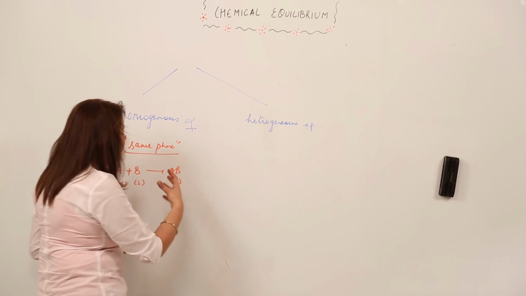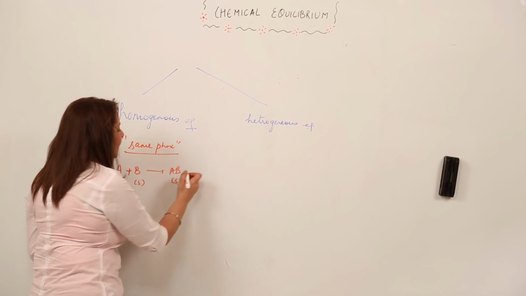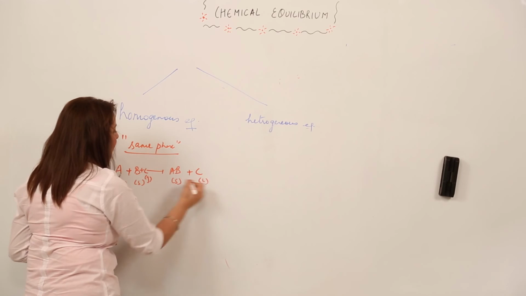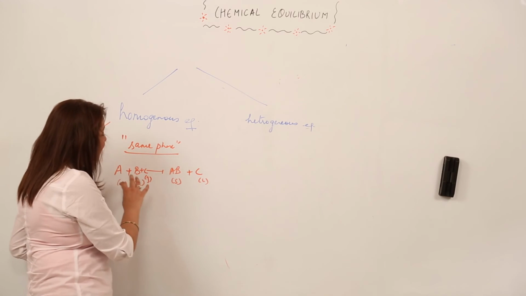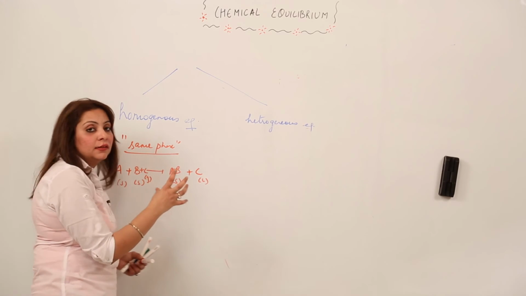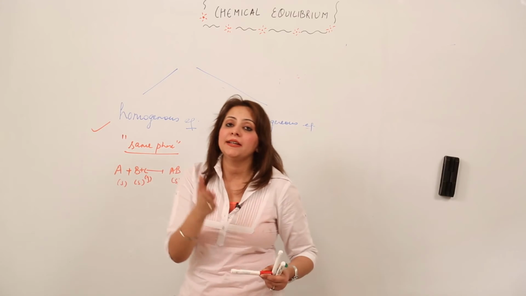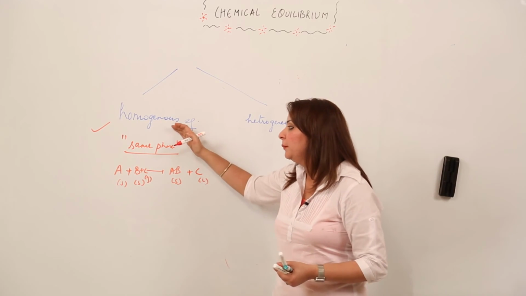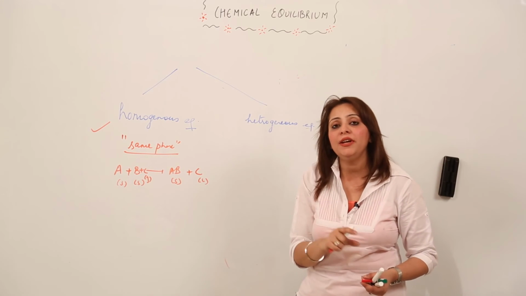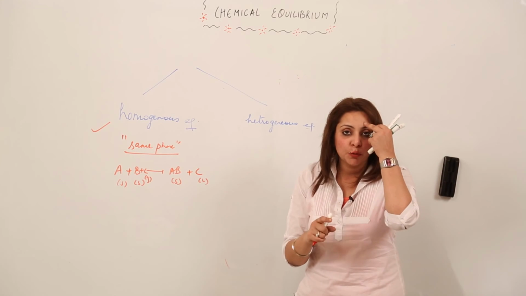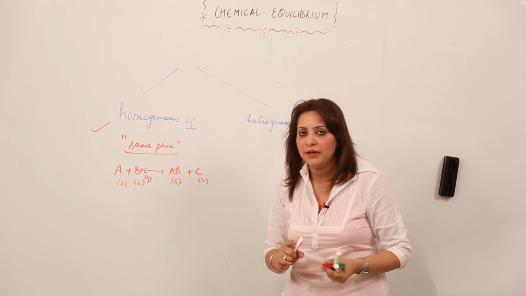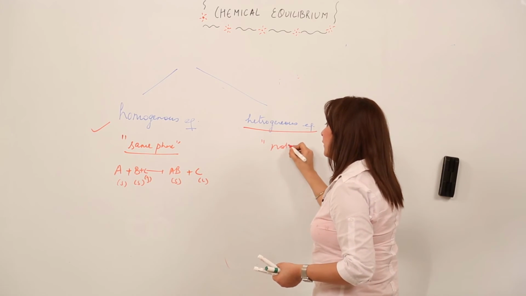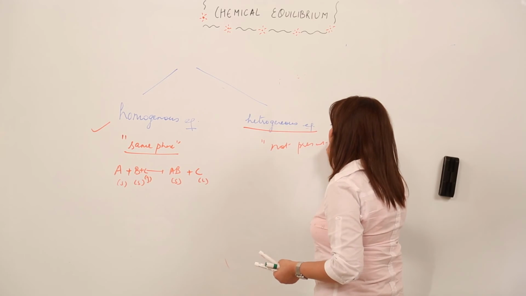And if there is C also present along with it, which is a liquid or a gas, something like that, you can see that different states are present. That implies it is a heterogeneous equilibrium, right? So homogeneous equilibrium means all the components, both reactants and products, are present in the same phase. And when we talk about heterogeneous, they are not present in the same phase.